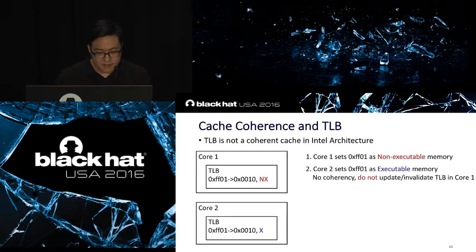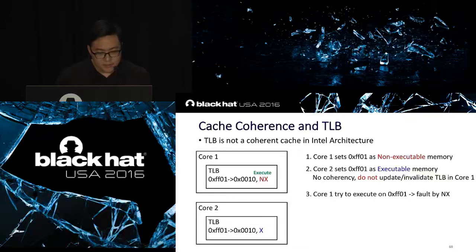And then, in the meantime, core 2 can set the same address as executable. So in the page table, it was marked as executable, but there's no coherency. So no information will be delivered to core 1, so core 1 does not update or invalidate its TLB entry.